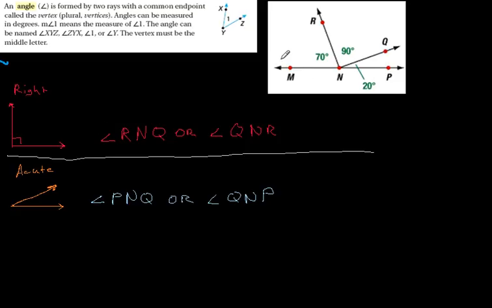Let's go ahead and label the other acute angle here. That is angle, and remember, you want the vertex to be the middle letter.